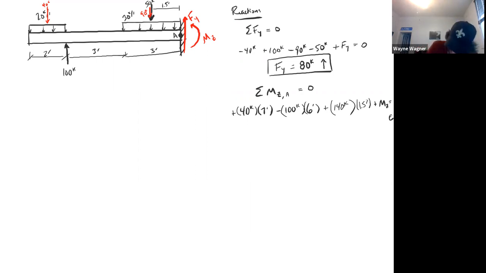So Mz is 110. Is that right? I'll use the calculator just to be sure. 40 times 7 minus 600 plus 140 times 1.5, negative 110. Okay, 110. So that's 110 in this direction.